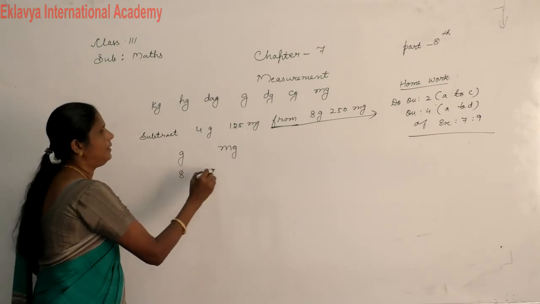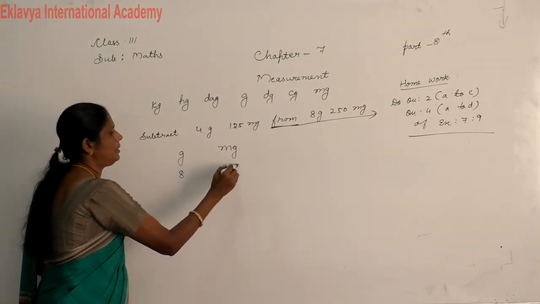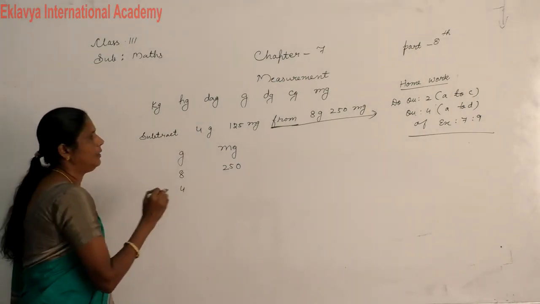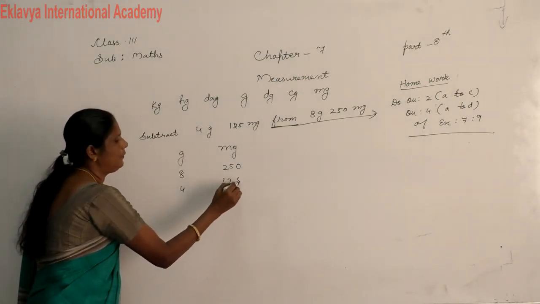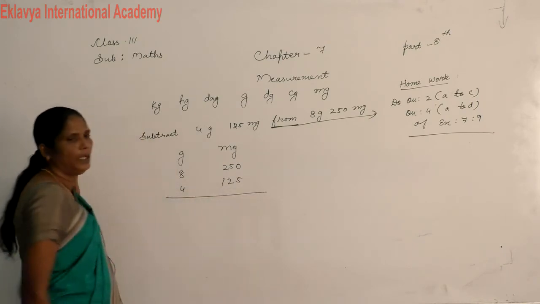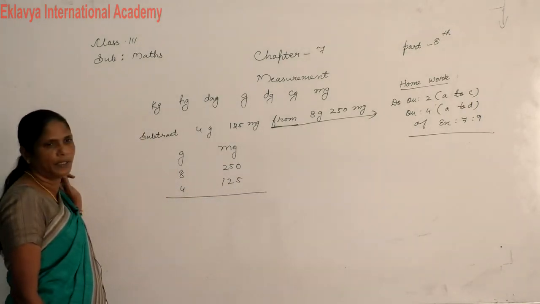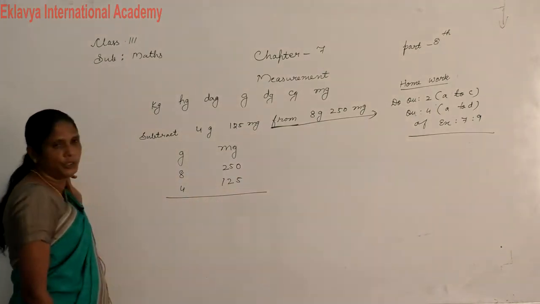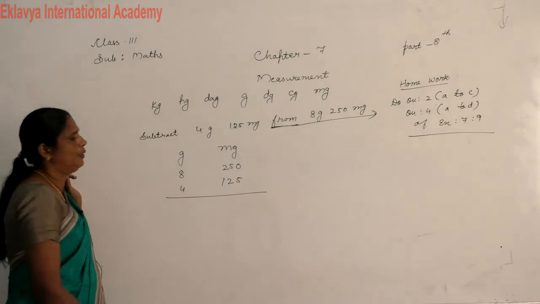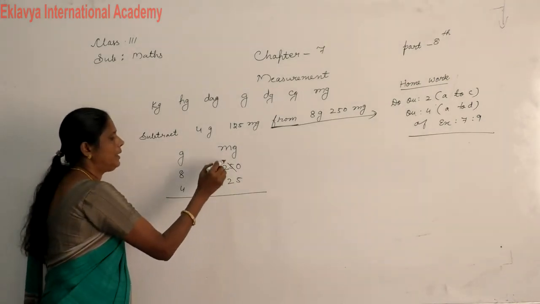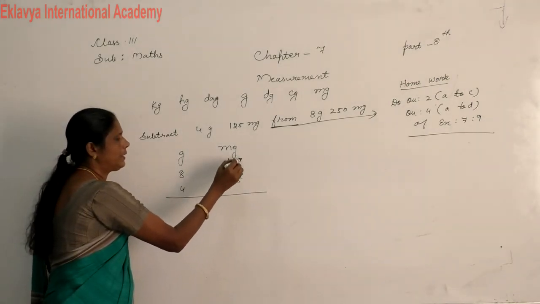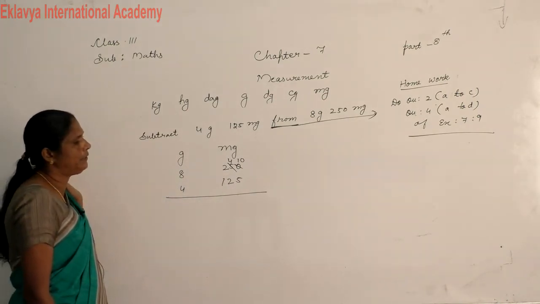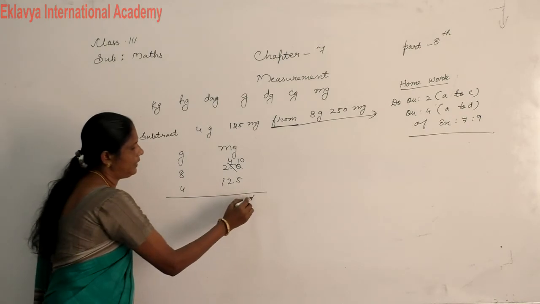8 and 250. Here 4, then 125. Now we subtract the numbers. Then 5 take away from 0. Is this possible? No. You borrow, here it becomes 10. Now 5 take away from 10, you get 5.